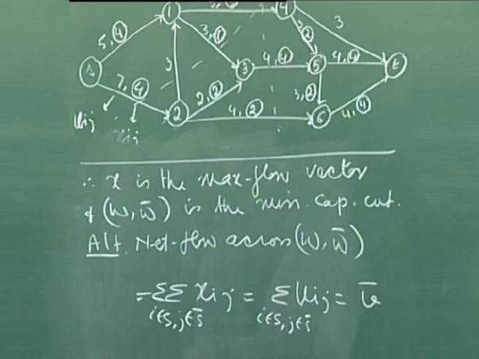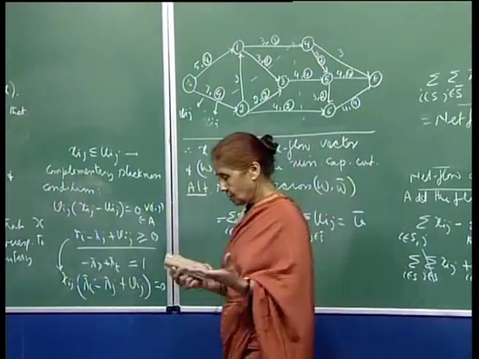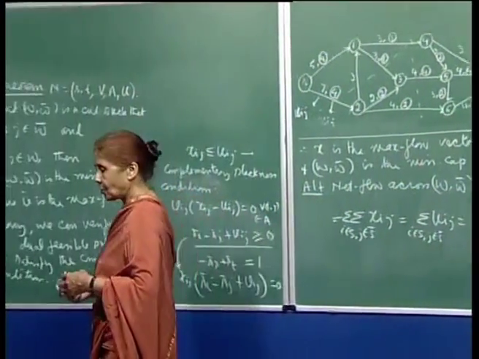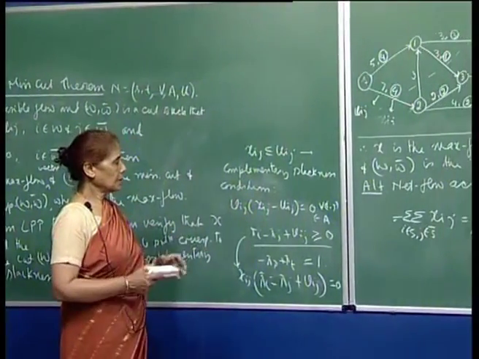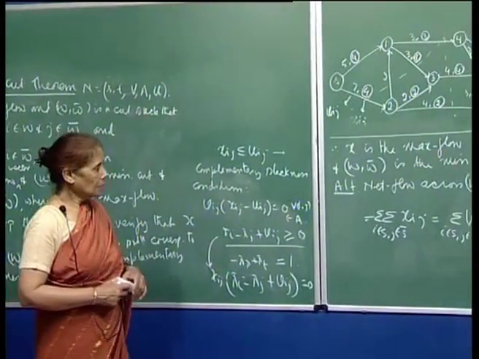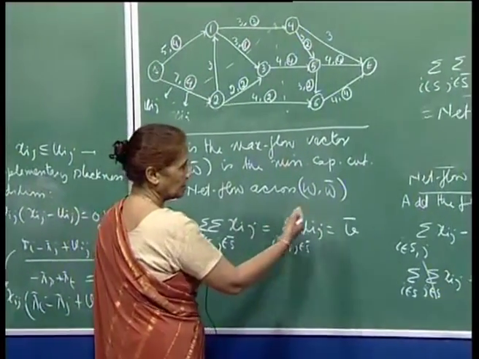Alternatively you can also prove it, because some textbooks may not use linear programming theory to prove all these results, which is fine, but I feel that you have a good background of linear programming theory by now, and therefore you can easily prove this result. So this is equal to V bar.